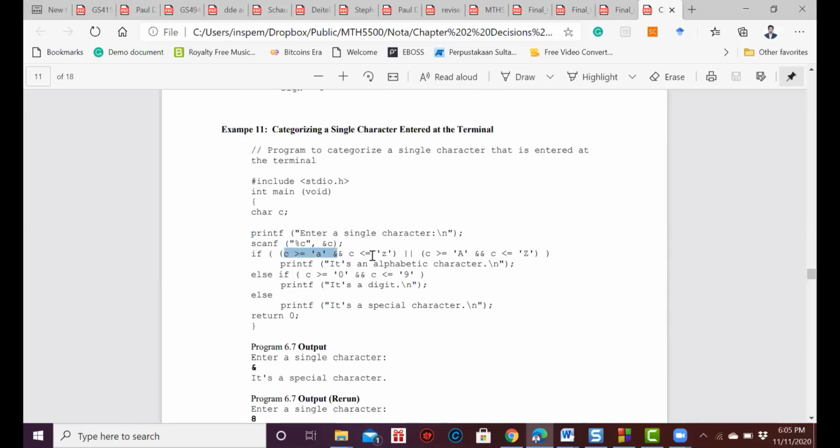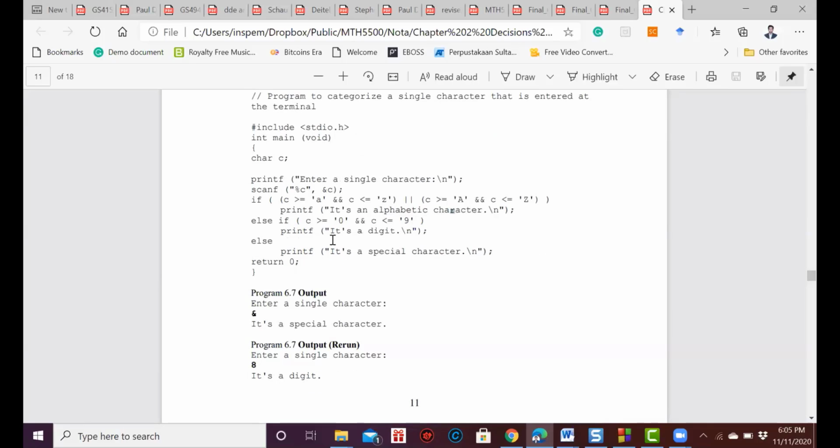If this condition is true, then we print that it is an alphabetic character. Else if C is greater than 0 and C is less than 9, then print it's a digit. Else it's a special character. This is a different type of multiple selection, a combination of multiple or compound conditions.